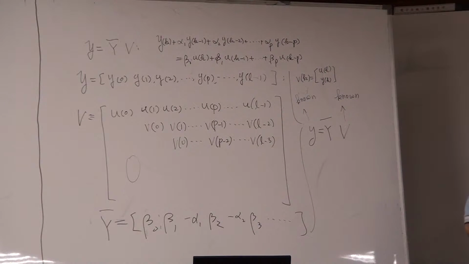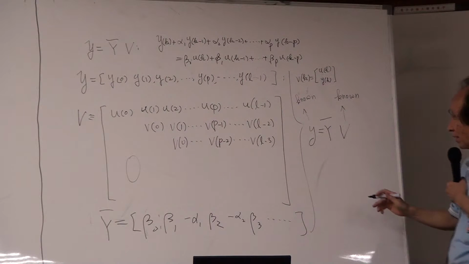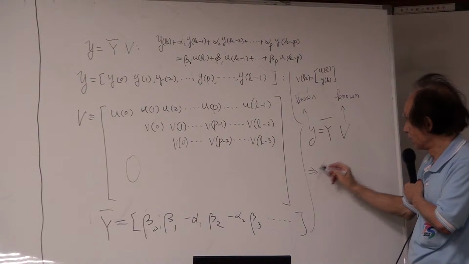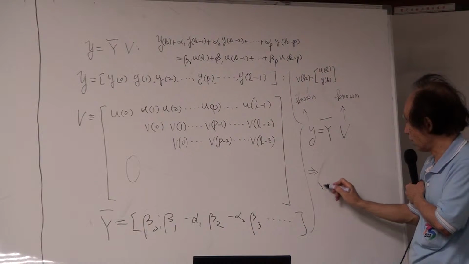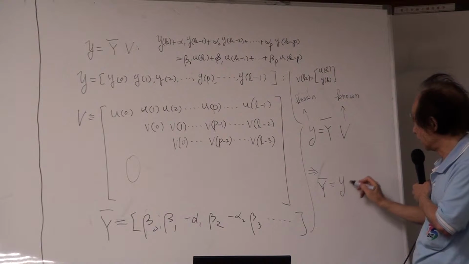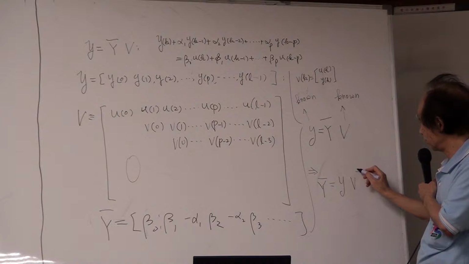Agree? All right, but you have to be careful. You know, Y bar. So from here, then I will be able to solve Y bar equal to Y V pseudo inverse.